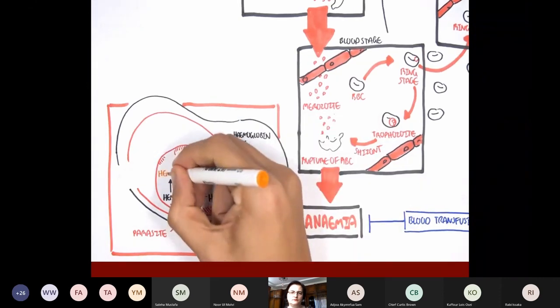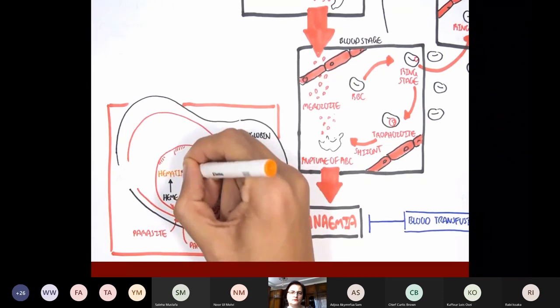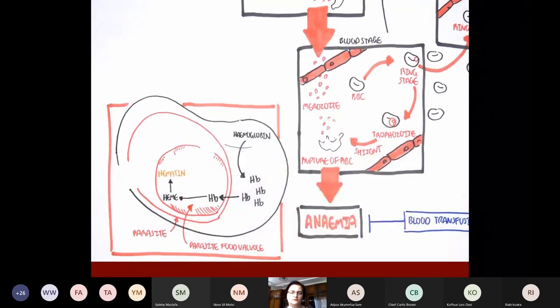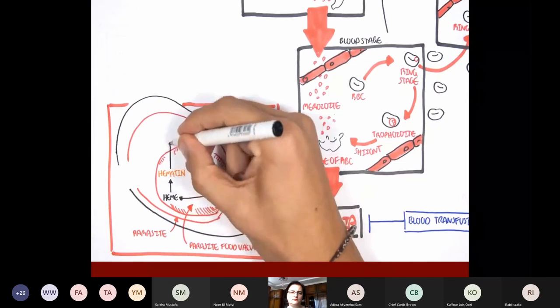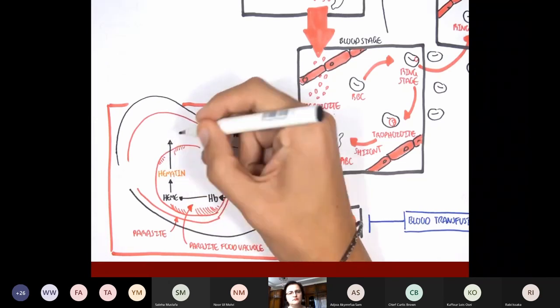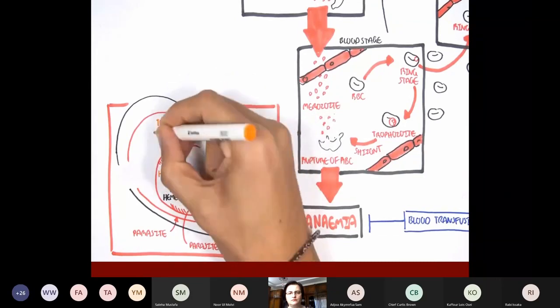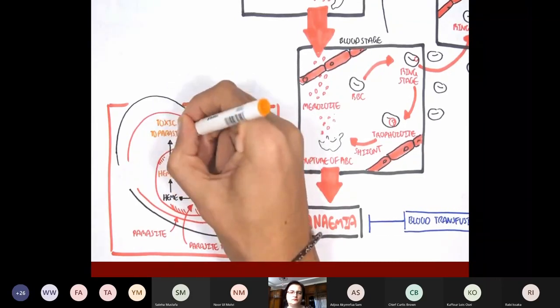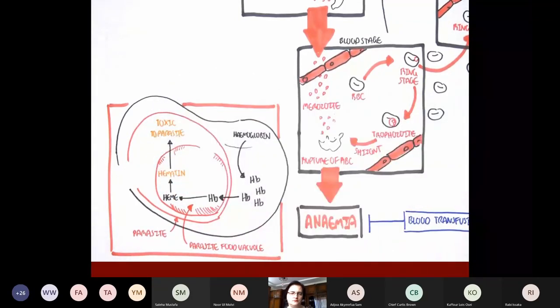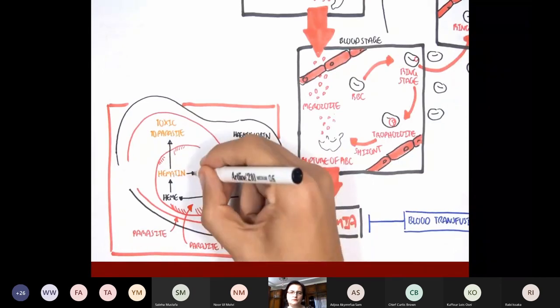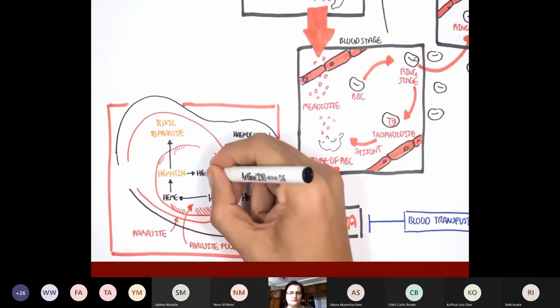While metabolizing the heme, the parasite actually converts heme into hematin. Now, hematin is actually a dangerous chemical, so hematin is toxic to the parasite. So what the parasite does is that it converts hematin into a non-toxic form called hemozoin.